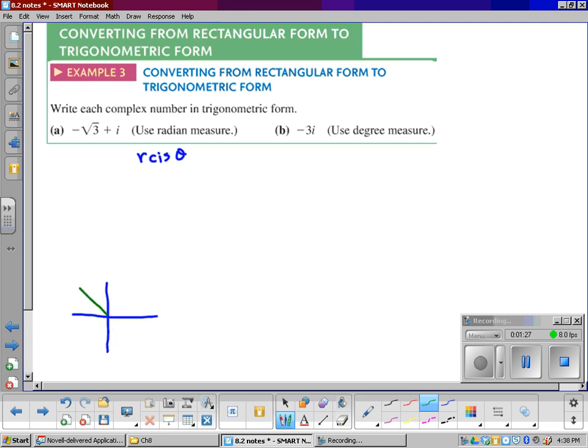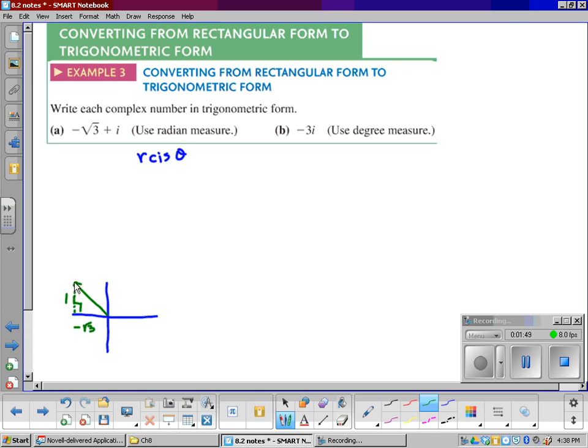So that's going to put us up here in quadrant 2. If I drop a perpendicular from the end of that vector right there, then I get this right triangle. This is the same type of right triangle that you've been using throughout this entire semester. And we can label the x direction as negative square root of 3. We can label the y direction as 1.